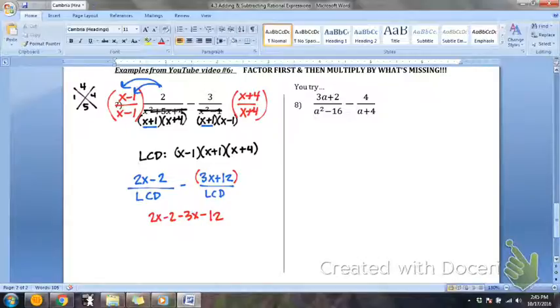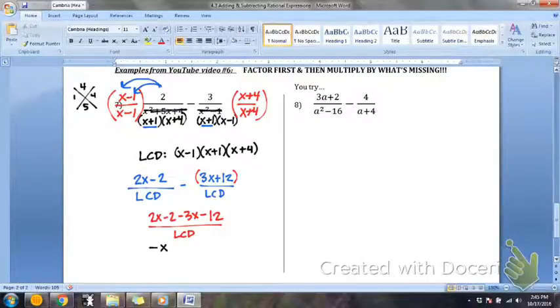So I'm distributing my negative sign. Now we can combine like terms. So I have a 2x and a negative 3x gives me negative x, or negative 1x.